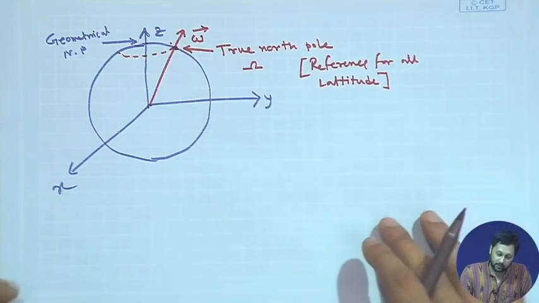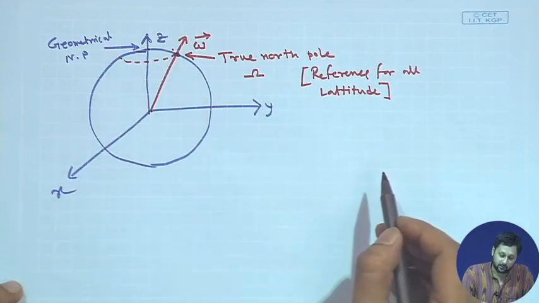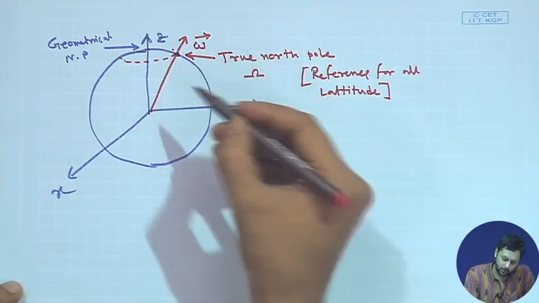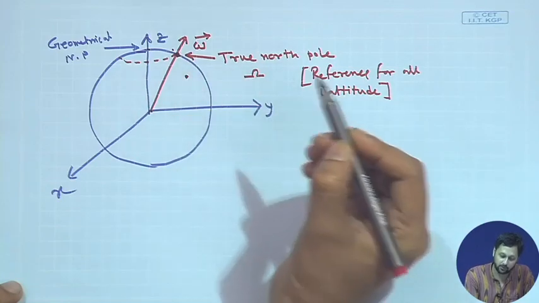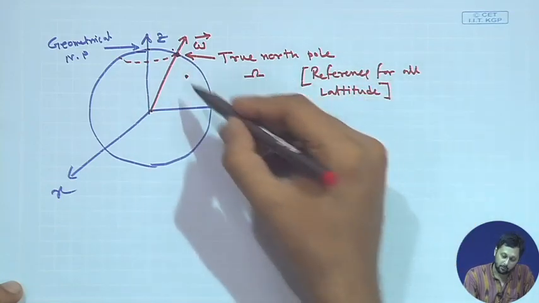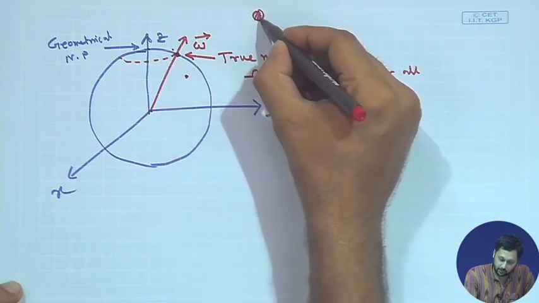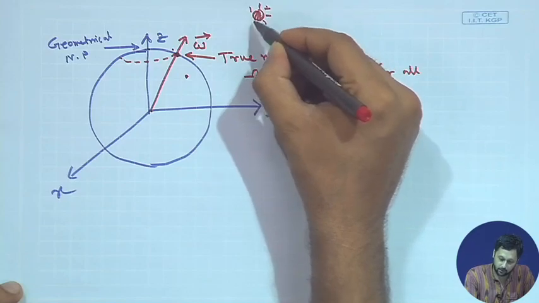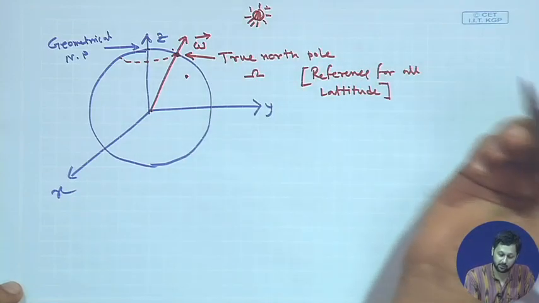So, in order to measure this movement, what Chandler did was he tried to measure at any point on the earth. We do not have to go to the poles, we can sit on any point on this earth and try to measure the latitude variation with reference to some fixed star in the sky. It is not the sun, by the way, it is some fixed star. Let us say the pole star, or any other star.